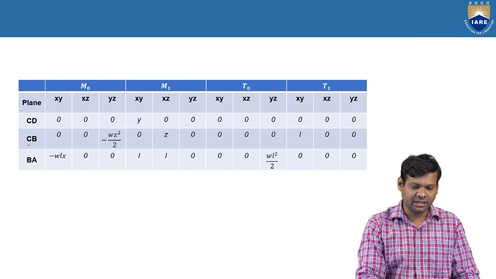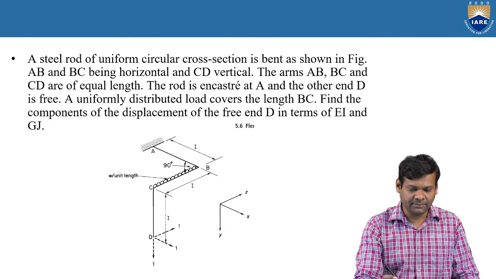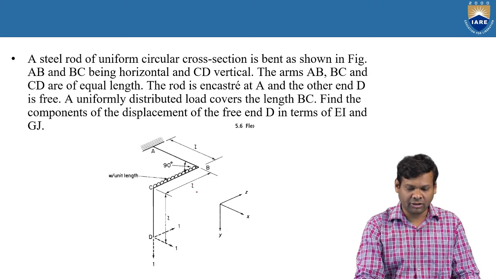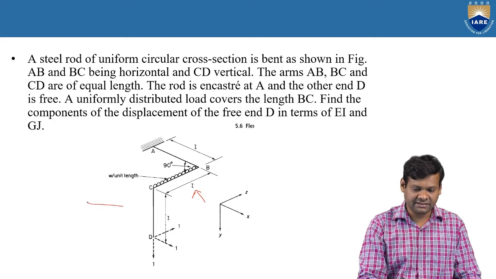And let us consider CB. When you consider CB, there is a load of magnitude W along the length L. When you look along this direction, we observe that the plane is the ZY plane.